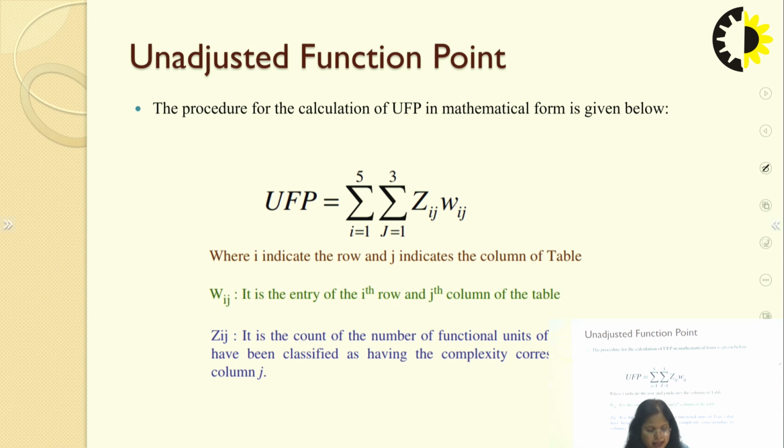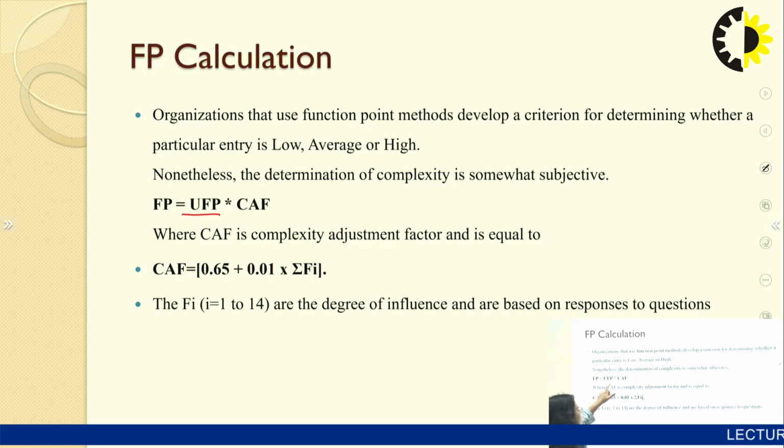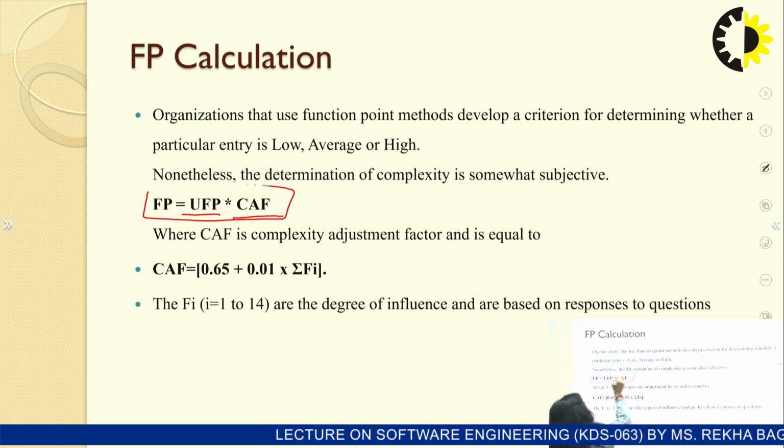So how can we calculate the function points? For calculating the function points, we need this formula. The formula of function point is FP = UFP × CAF. UFP means the unadjusted function point, and CAF is the complexity adjustment factor, and by using these terms we can calculate the function point analysis.